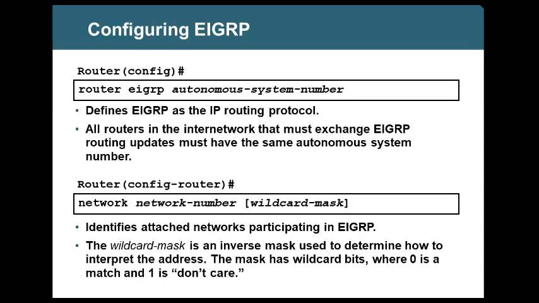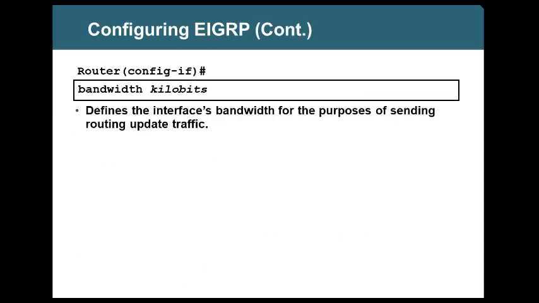Okay. Now, see, there are 2 metrics in EIGRP. One is bandwidth, the other one is delay. Now, bandwidth can be changed. For a fast Ethernet wire, 100 meg is the bandwidth.